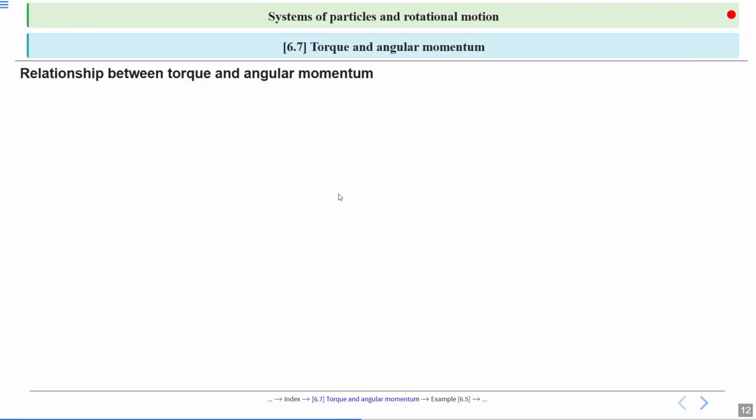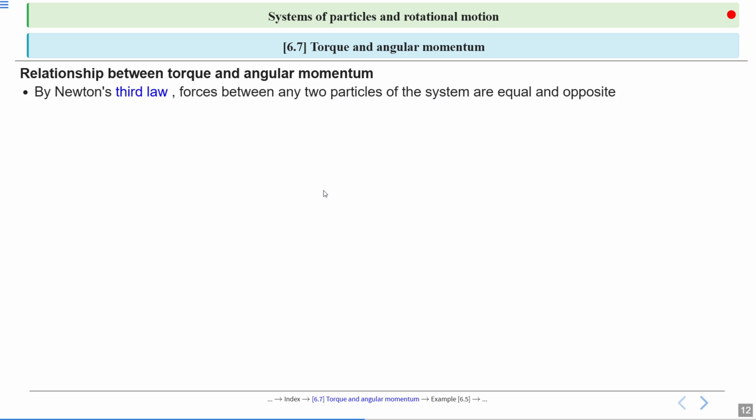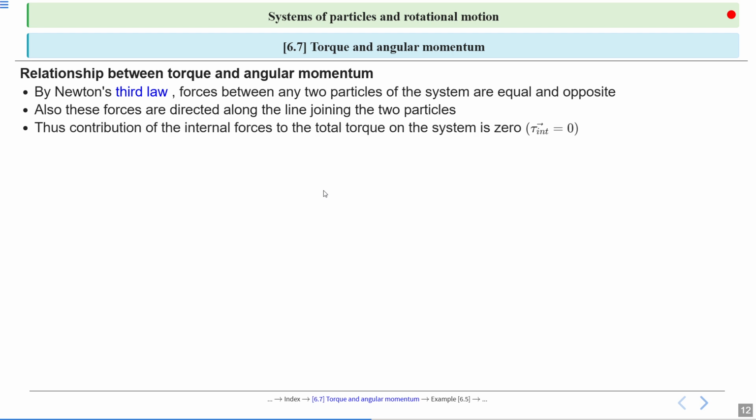Relationship between torque and angular momentum. By Newton's third law, forces between any two particles of the system are equal and opposite, and these forces are directed along the line joining the two particles. Thus, the contribution of internal forces to the total torque on the system is zero.